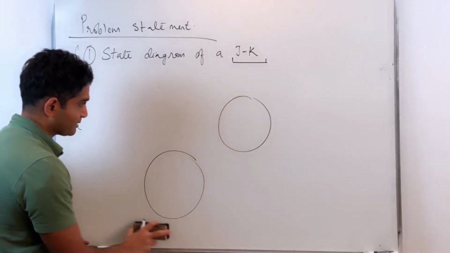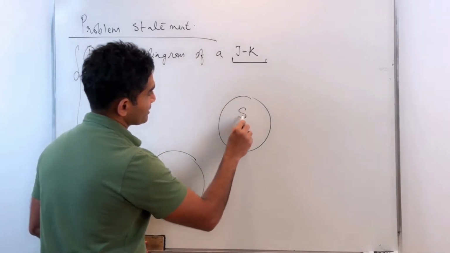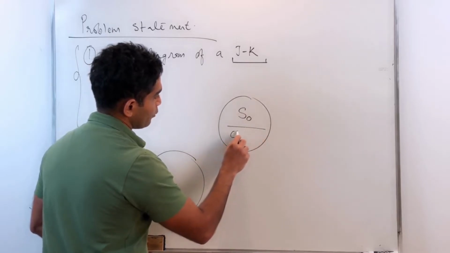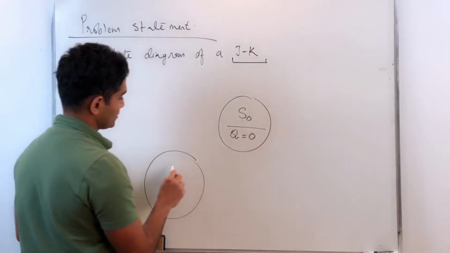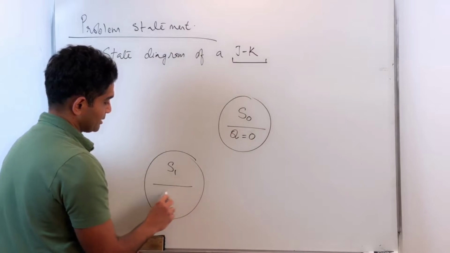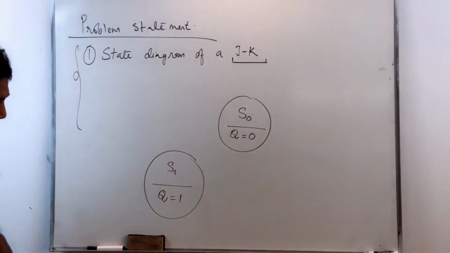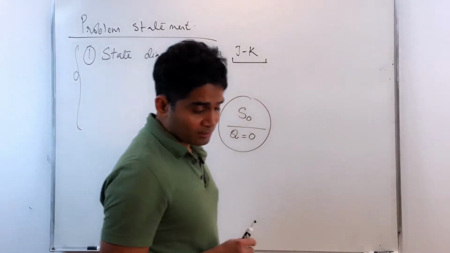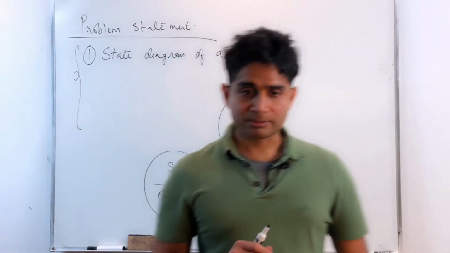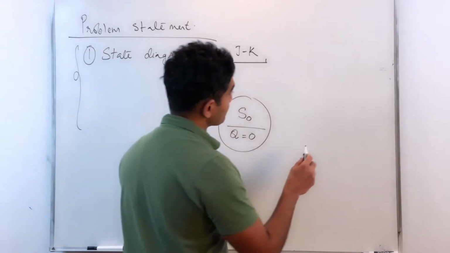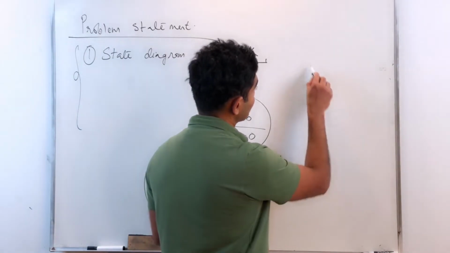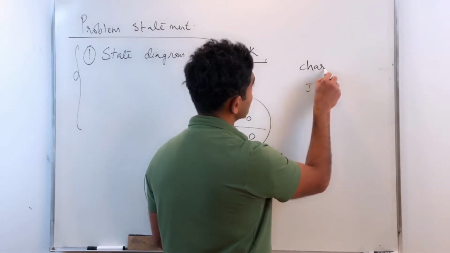Two states. Let me call that the S0 state, where my output is 0, and the S1 state, which is defined with my output as 1. I have two inputs occurring now. Again, just for your remembrance, this is how the characteristic table for a J-K flip-flop looks.